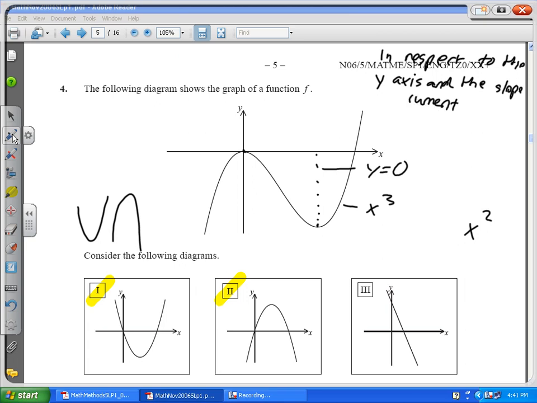So, as you can see, the slope of the current curve, when you start over here, it's positive, and it's positive. So, positive with respect to the y-axis, which means y on the y-axis should be positive as well. And we should see at the point where it reaches 0, at that point, the curve, the slope should come down. So therefore it should be something like that.